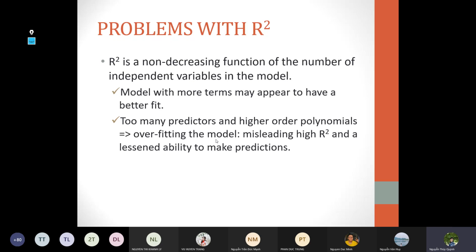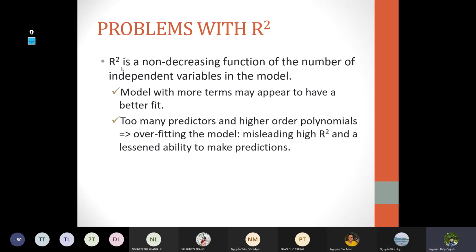That may not be the most appropriate model for the population, because there's a problem with R square here. R square is a non-decreasing function of the number of independent variables in the model. What does it mean?